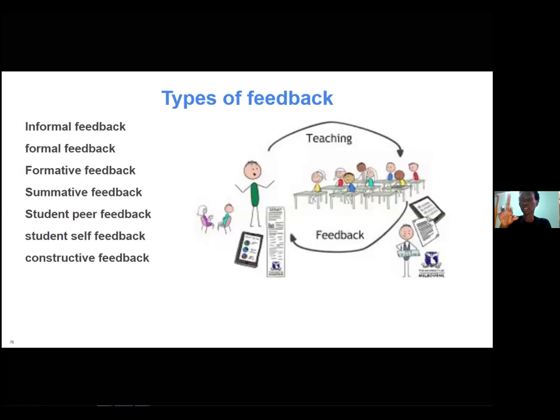Model the application of criteria using samples, provide guided opportunities for self-feedback, teach the students how to use the feedback to determine next steps and set goals, and also allow time for self-feedback and reflection.